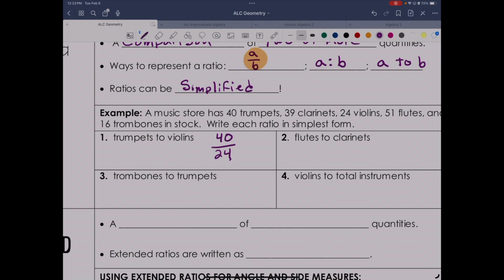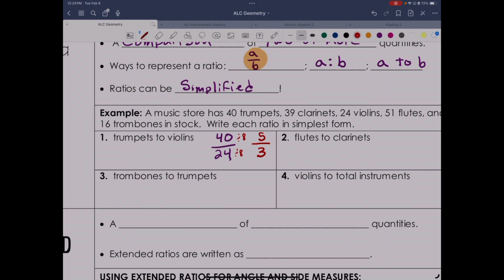So the ratio of trumpets to violins is 40 over 24. Now that can be simplified. 8 goes into both of these things. So I can divide both 24 and 40 by 8, and then I get a ratio of 5 to 3. It simply means that we have 5 trumpets to every 3 violins. So we have more trumpets than violins.